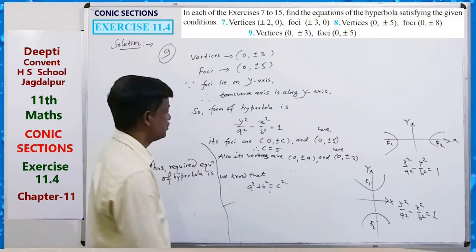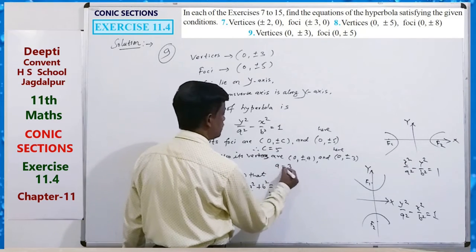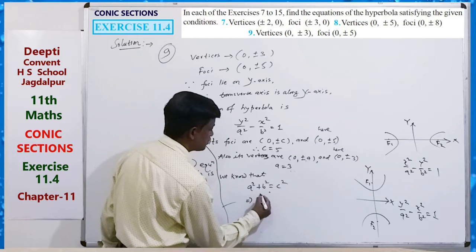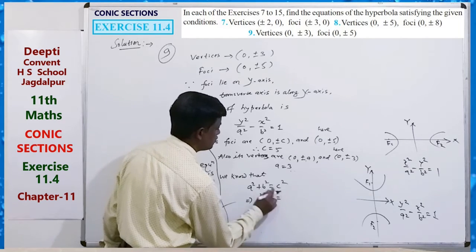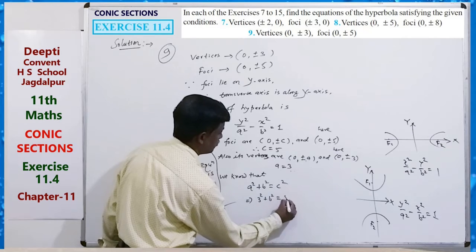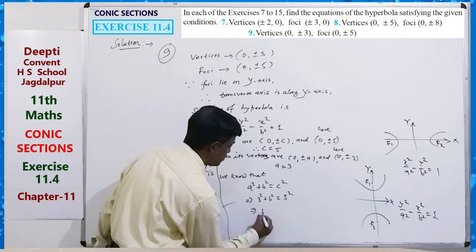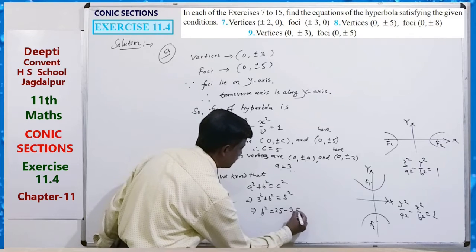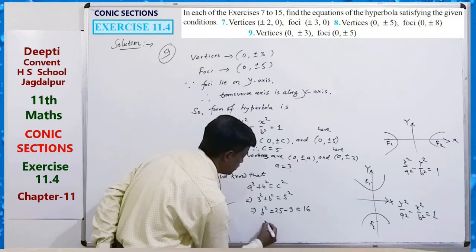So a equals 3. Therefore a square plus b square equals c square, 5 square. So b square equals 25 minus 9, which is 16.